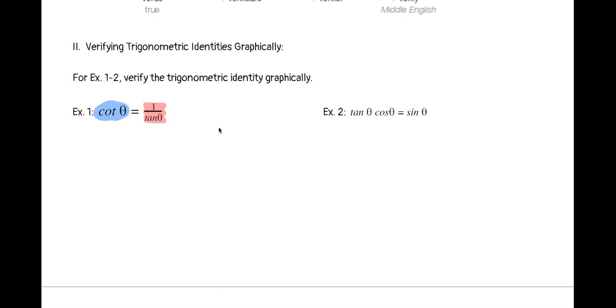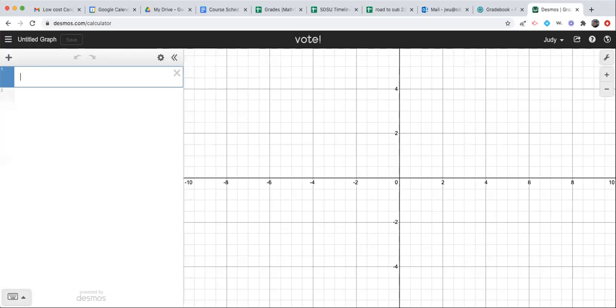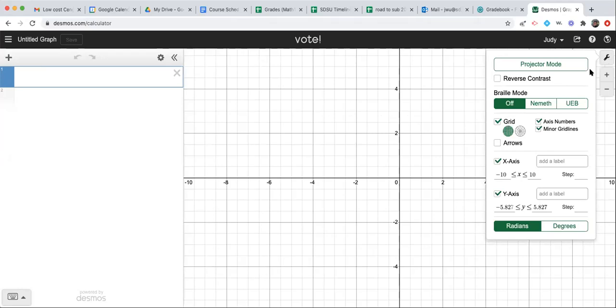Okay, so I'm going to share the Desmos screen. All right, does everyone see the Desmos screen? Yes, okay, cool. And I'm going to go into the wrench, where I can change my settings, okay?